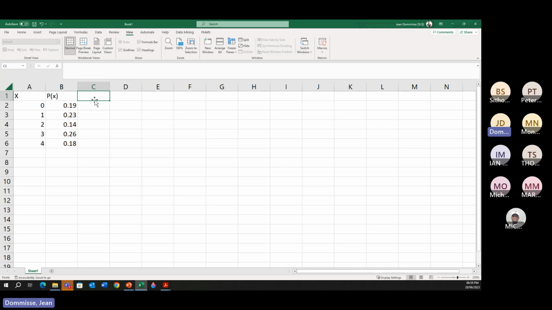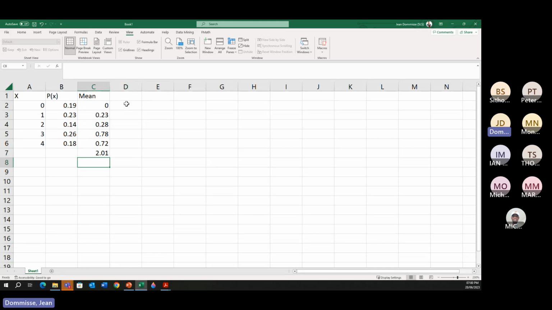So if we worked out the mean, it would have been just those together. And the sum of that would have given us the mean. So let's just check. Okay, so there it is again.